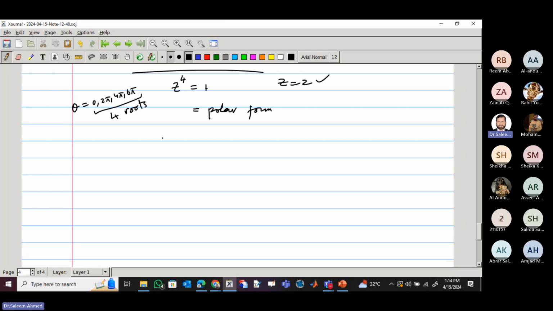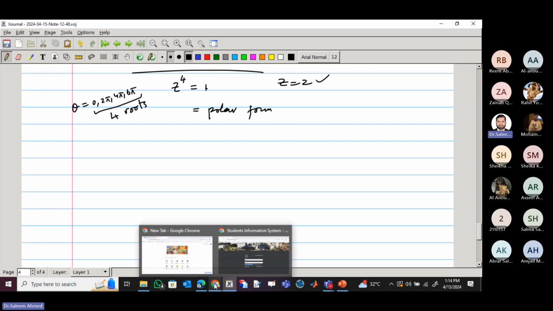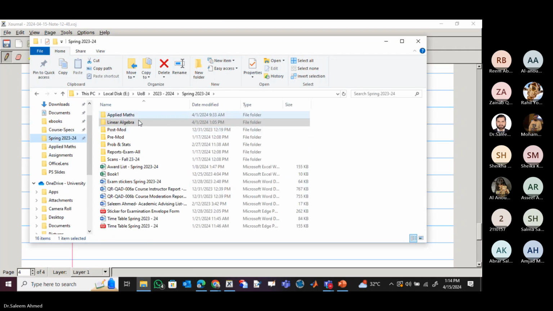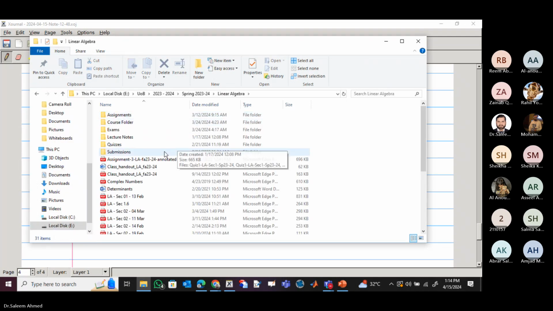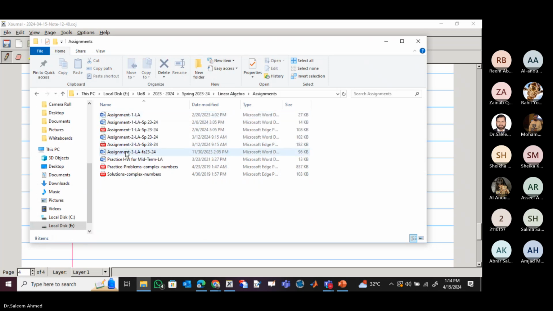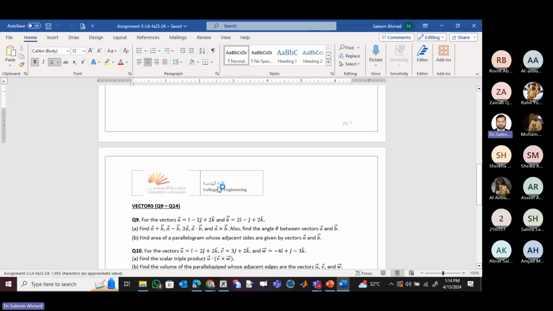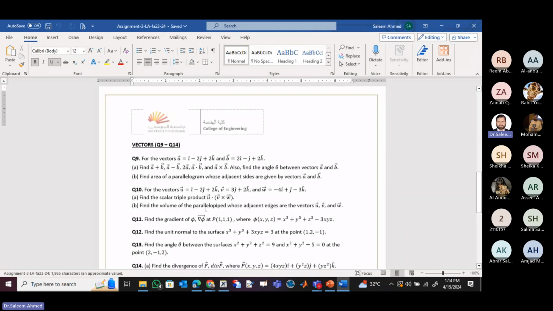So this was the question in the assignment that I posted, I think. Here, these are the complex numbers.